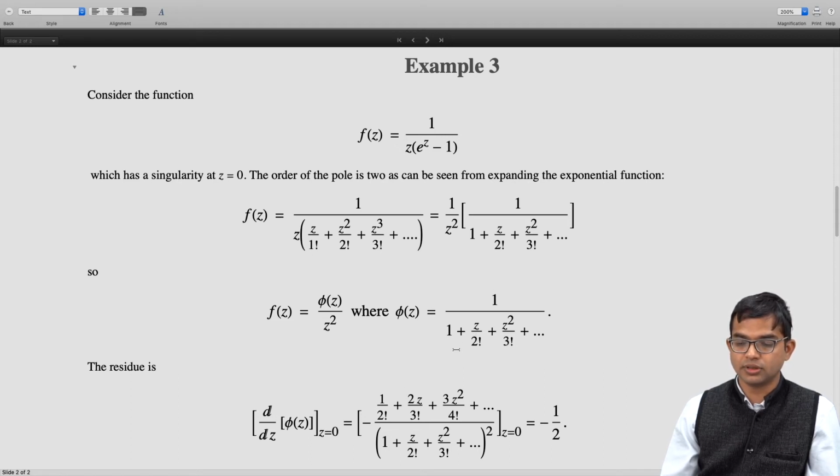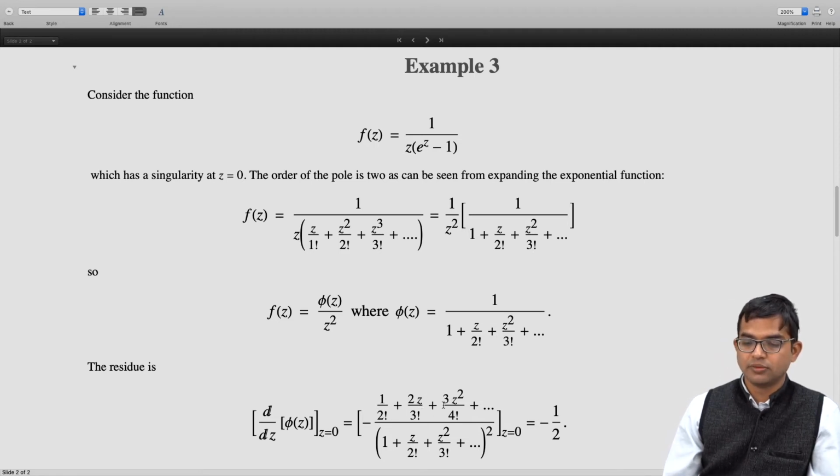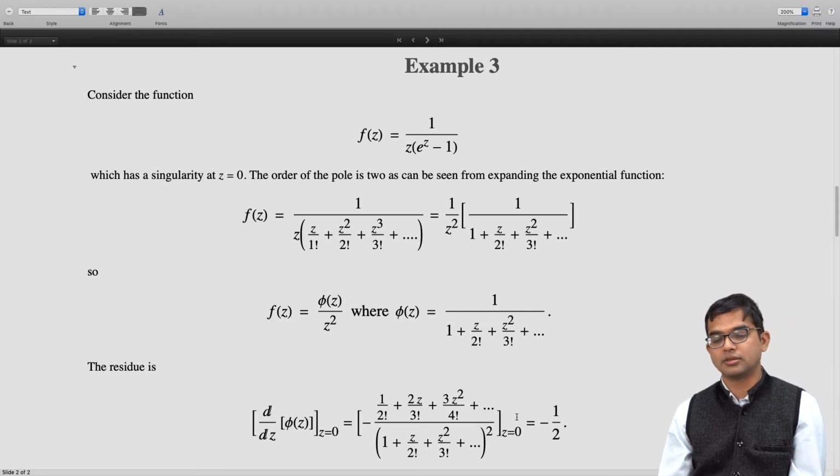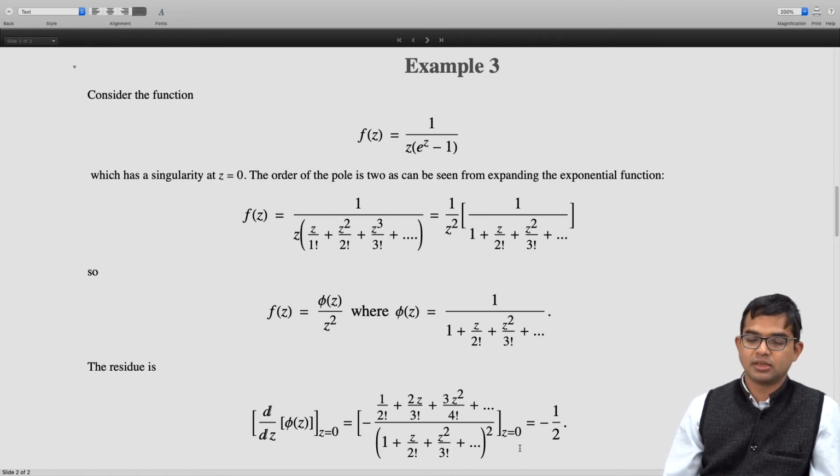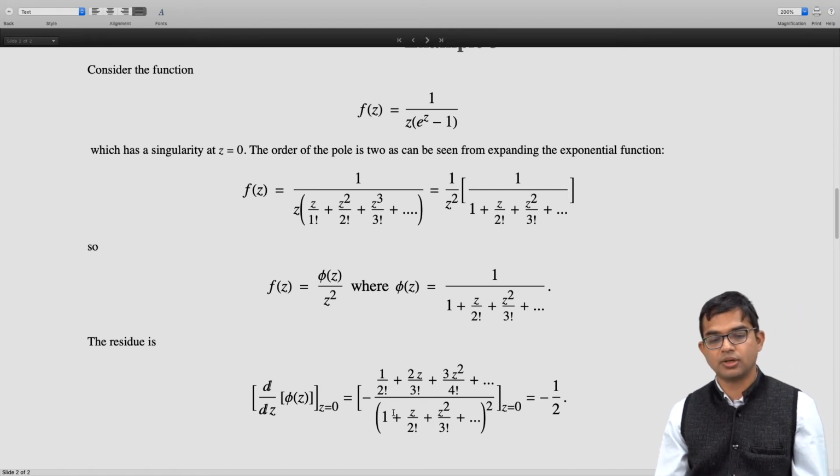So the derivative of the denominator will be just 1 over 2 factorial plus 2z by 3 factorial plus 3 squared by 4 factorial and so on, and the denominator has to be squared, and you have to take the value of this at the point z equals 0. So you see that the denominator will just get reduced to 1, and you take this limit, and then the numerator is going to give you just a minus half. So that's the residue of this function at the point z equals 0.